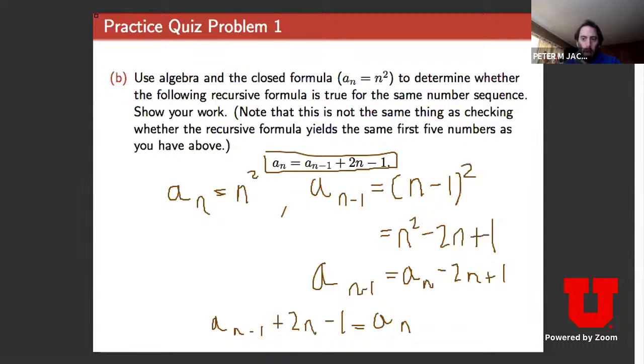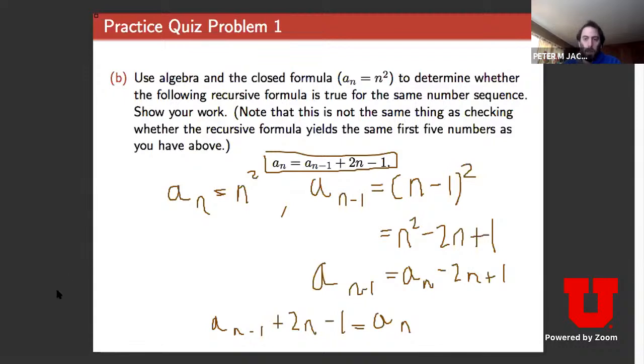It kind of depends on the problem, but whereas we can usually get from the closed form to the recursive form by writing out an minus 1 and trying to find a relationship, it might not be so easy to go the other way. So there's no real general strategy that we can have for going from recursive to closed.